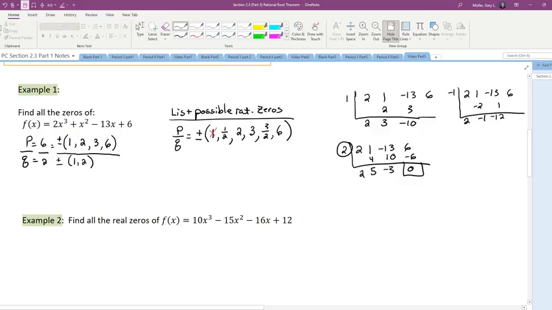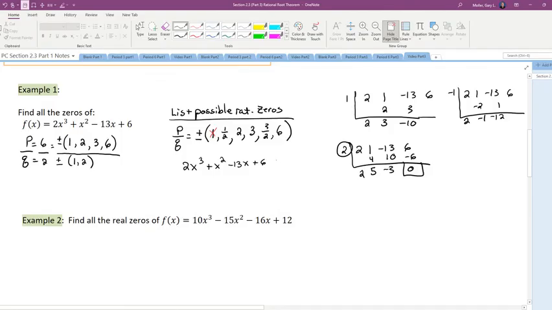So I see kids now who go back to the starting place and start testing the rest of these numbers on the original. But I don't have to do that, because what I have just found is that the original function, 2x cubed plus x squared minus 13x plus 6, factors.